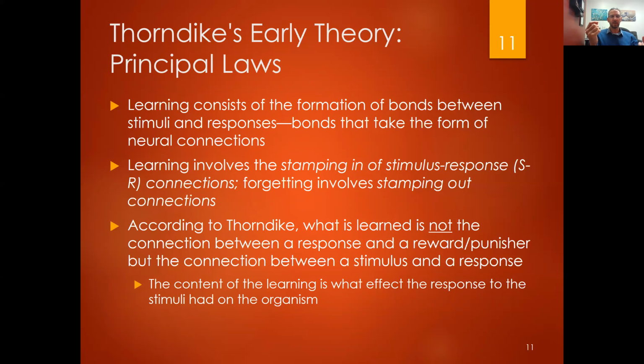It's instead that the consequence will strengthen this relationship. So if it is a good consequence, then in this context, you're going to behave this way. If it is a bad consequence, then when I'm in this context, I'm not going to behave this way.